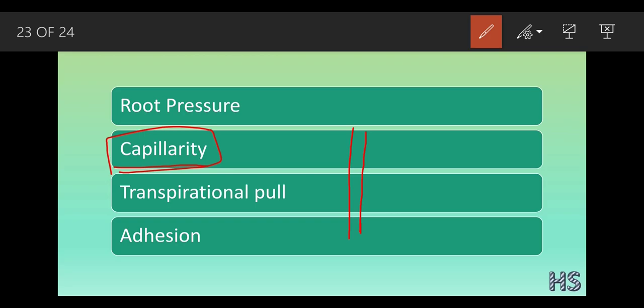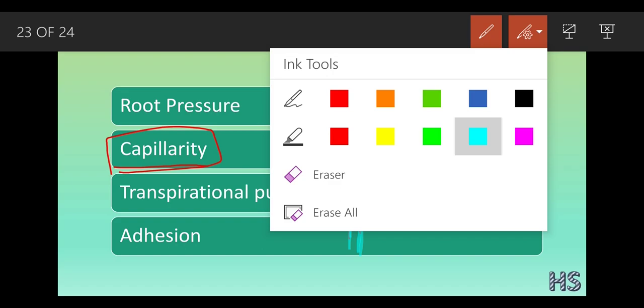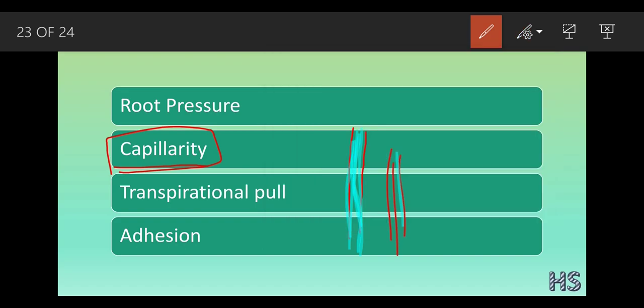Okay, as there is a small passage, the water inside this part can exert a lot of pressure, and due to this the water can be easily conducted to each and every part of the plant. Because the narrower the diameter of the xylem, the more pressure it can exert.